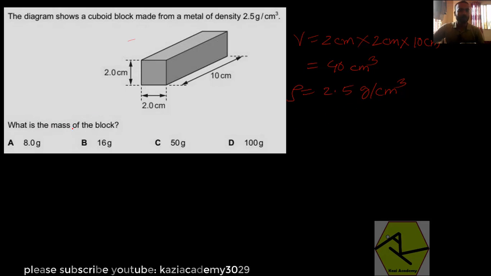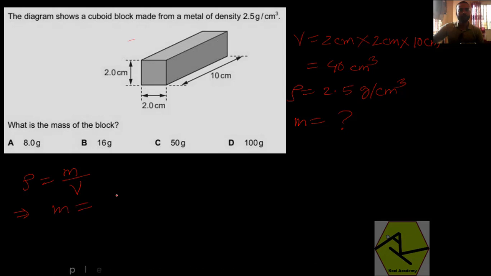So what is the mass of the block? M is to be found. We know from the density equation, rho equals m divided by volume V. By rearranging it, m equals rho V. Rho is 2.5 times volume V is 40, and the unit of mass is gram here.